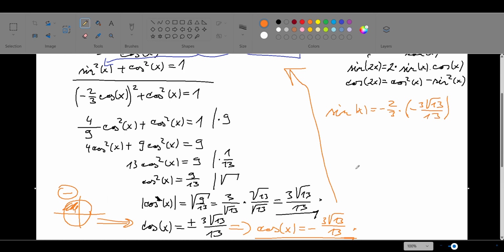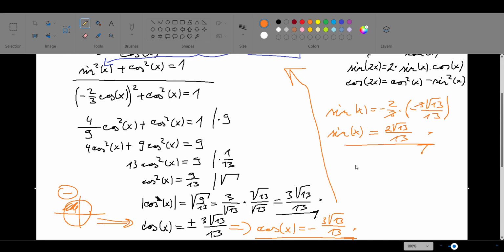And if you have a look at this numerical expression, you can find very easily that the result will be a positive number, so sine of x is equal to a positive number. These 3's will cancel each other, so it's going to be 2 times square root of 13 over 13.